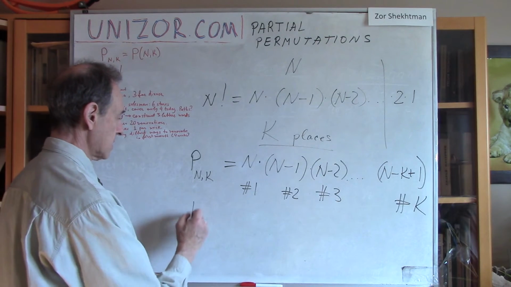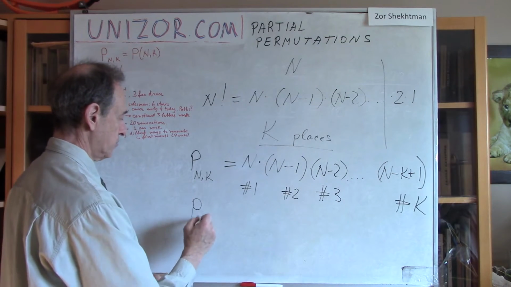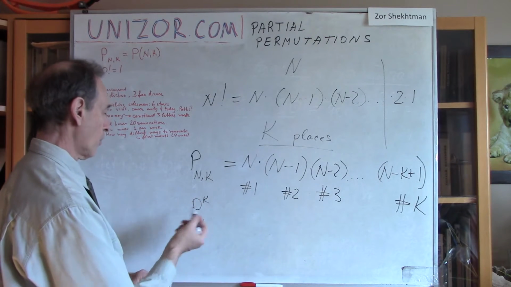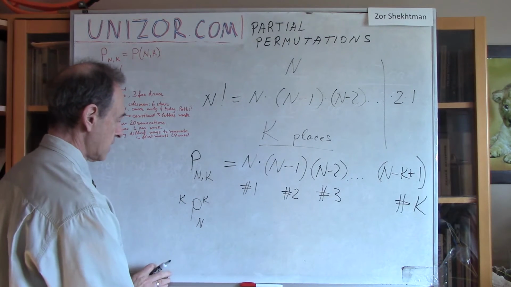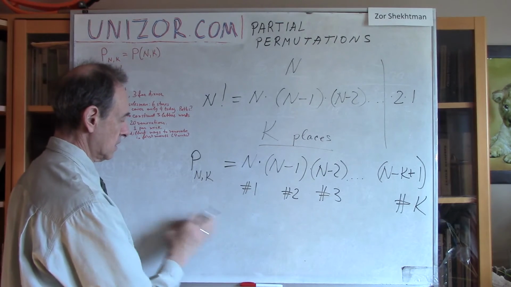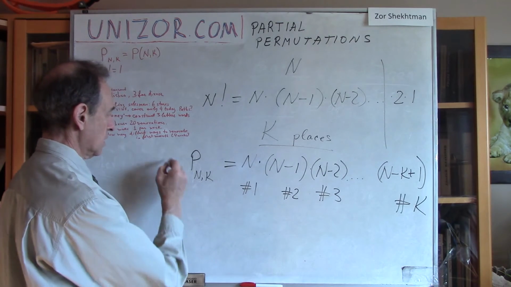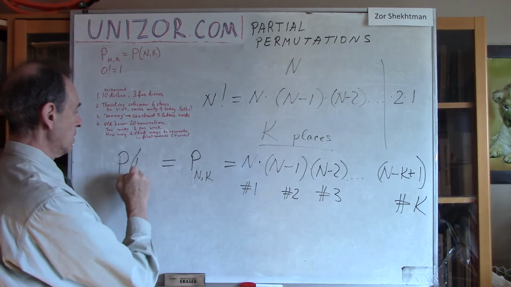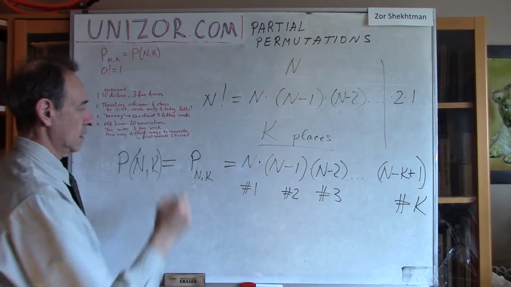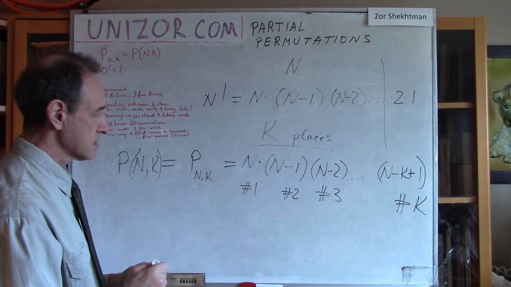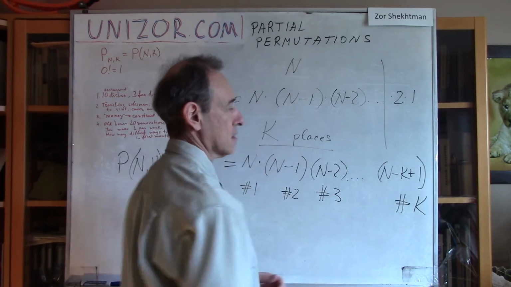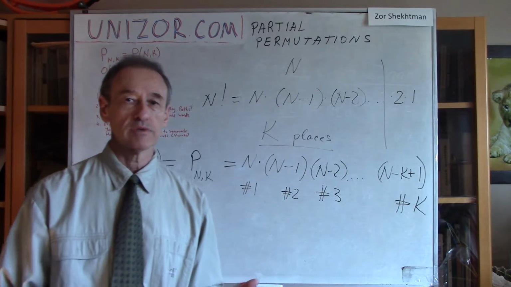Sometimes it's written P with n and k on the top or on the left. Sometimes there are different notations. Sometimes it's just a function P of n comma k. So whatever the notation is, this is the final formula which we have derived.